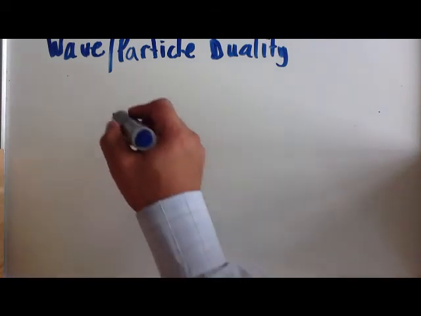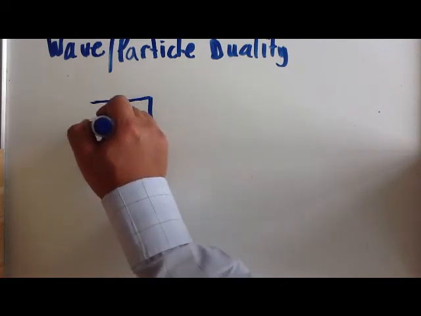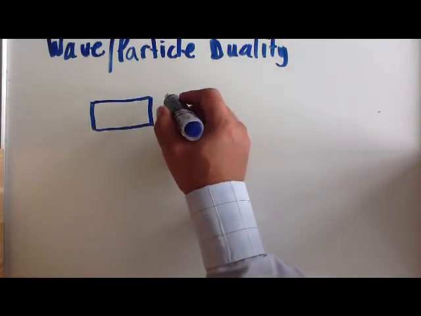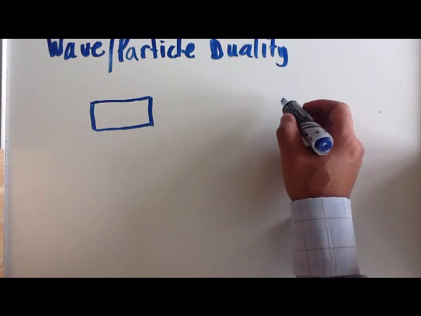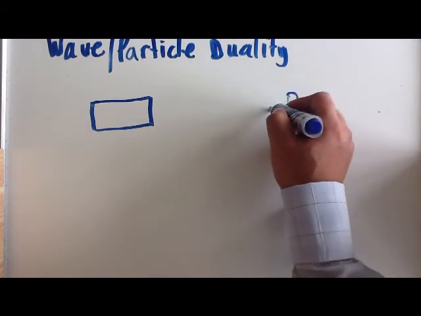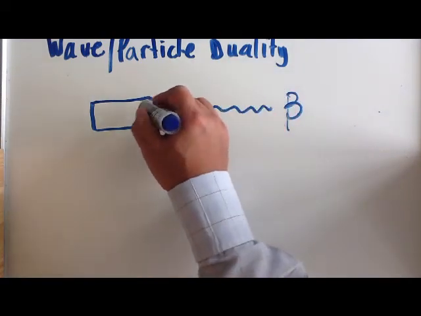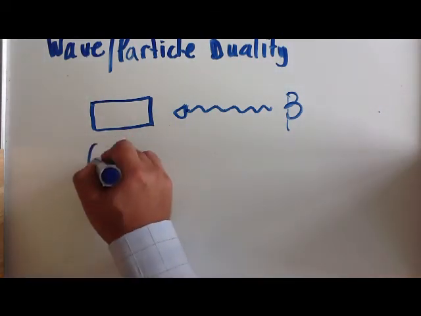If we think of a GM tube collecting in beta particles, those beta particles will come in and be collected by the GM tube.